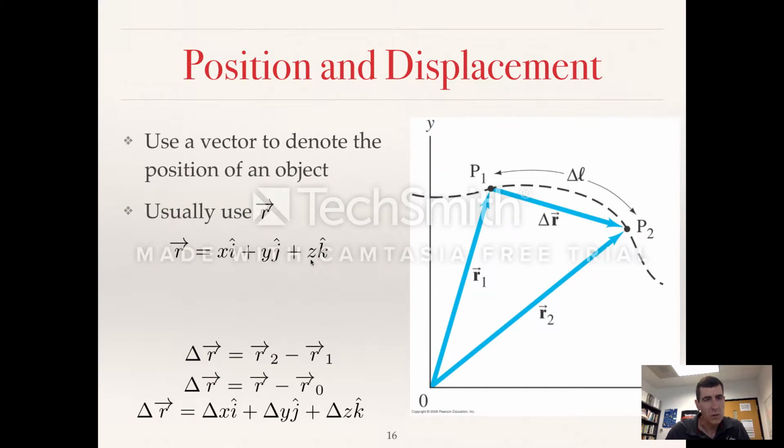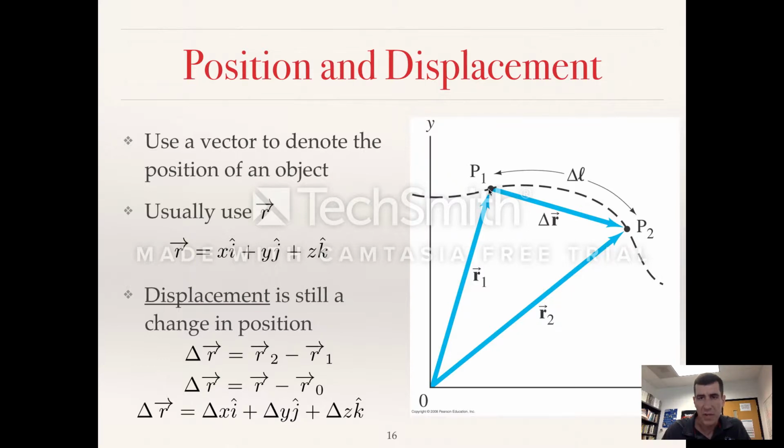So that's where things are, but we also need to know how things move. It starts off at one position P1 and ends up at some other position P2. Remember, a change in position we define as a displacement. So displacement is delta r, or change in position.